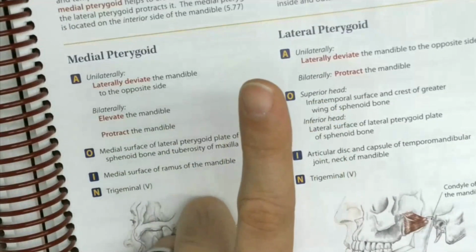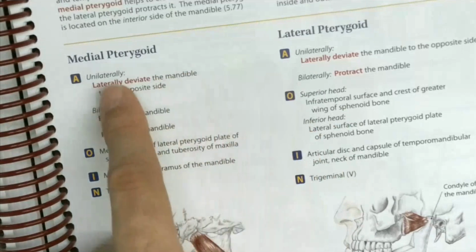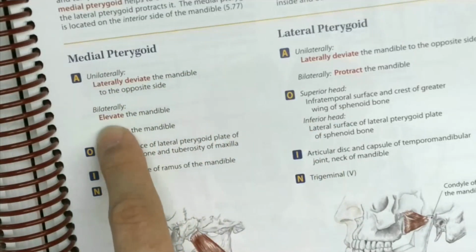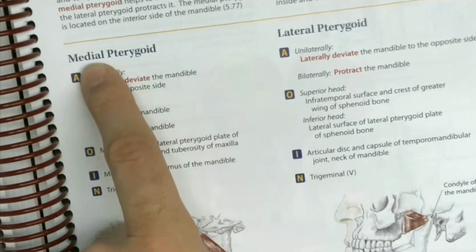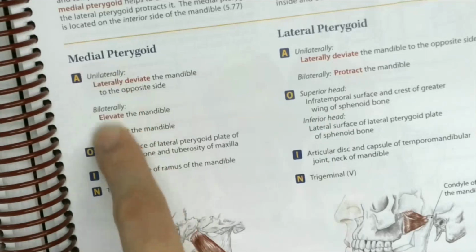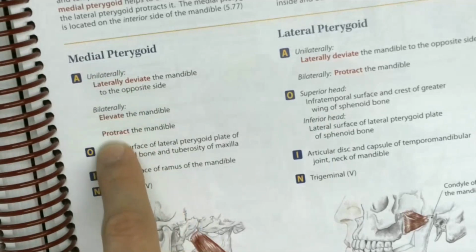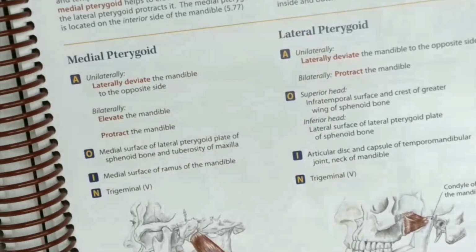However, the one restraint is that only the medial pterygoid will elevate the mandible. Ooh, fun fact. So lateral, think out, he's not as cool as the guy in the center. He's in the spotlight, right? The medial guy can do more, right? He can elevate while the lateral guy can't.